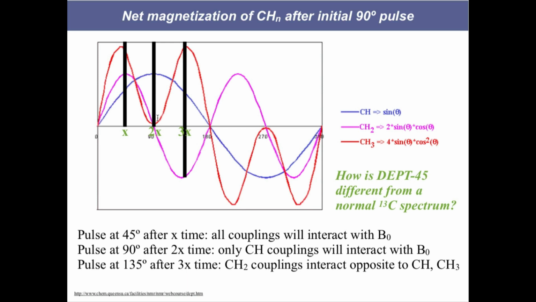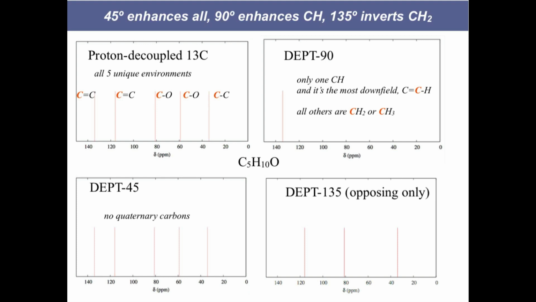Our CH2s and CH3s show no amplification. Okay, so that CH is the one that's the most downfield. That's one of our C double bond Cs. That means that all of our other carbons are CH2s or CH3s. You see how this is getting easier to put together now.